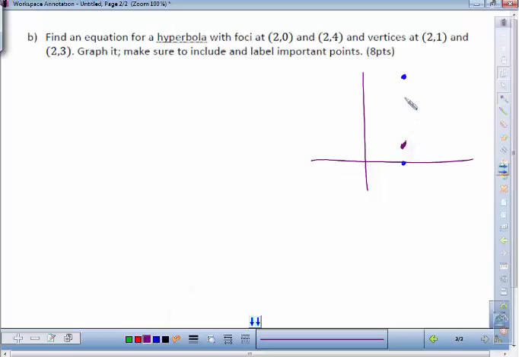And the vertex is one of the points that gets closest to the directrix. Okay, closest to the other graph. So this is essentially how your hyperbola is going to look.